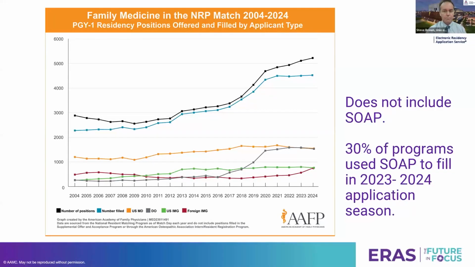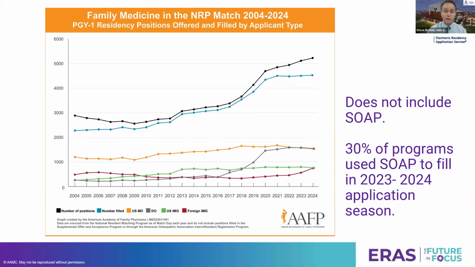So maybe different from other specialties, the residents that match in family medicine are really split between, if you look at the orange line, the gray line, and then the maroon and the green line, entering family medicine residents are pretty much a third MD, DO, and international medical graduates, combining both US citizen international medical graduates and foreign international medical graduates.